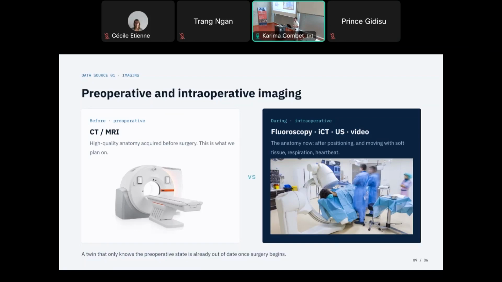But there is also intraoperative imaging, acquired during the procedure itself, such as fluoroscopy, CT, ultrasound, or video in laparoscopy, for example.